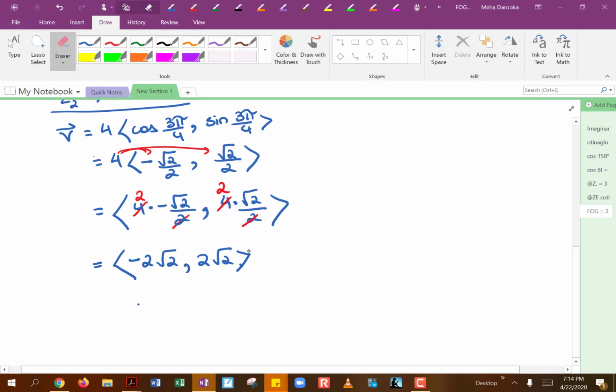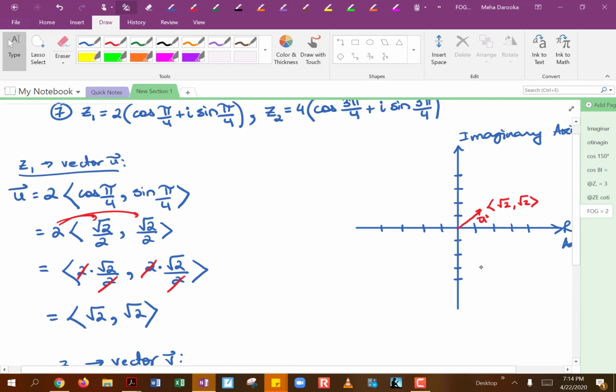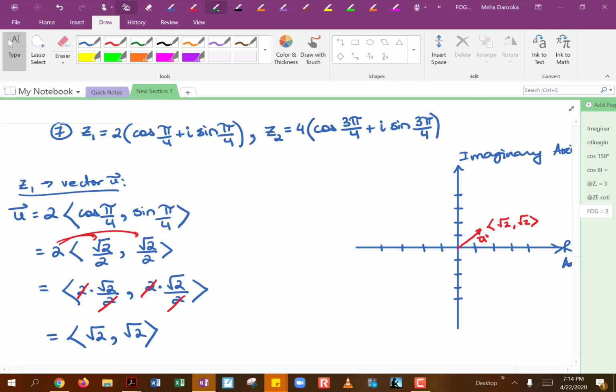So 2 times square root of 2 comes out to be approximately 2.8, just double the 1.4, right? So that will be negative 2.8 and positive 2.8.